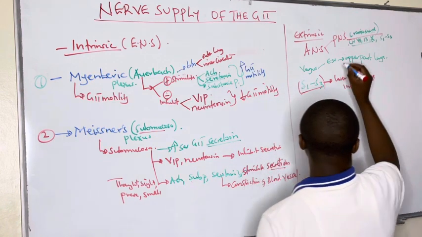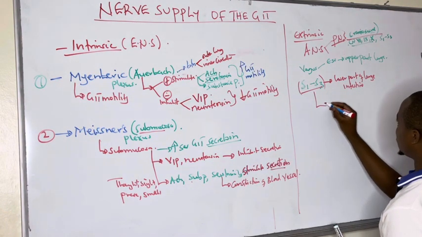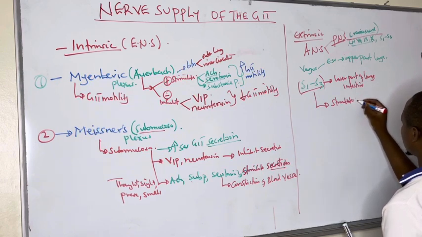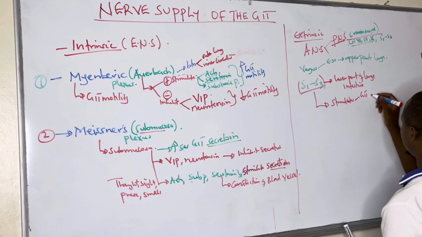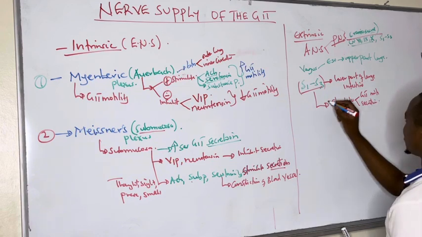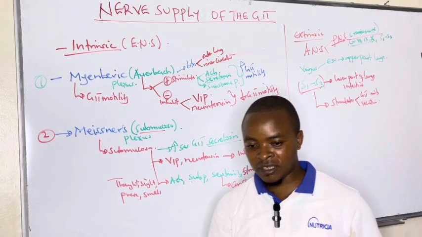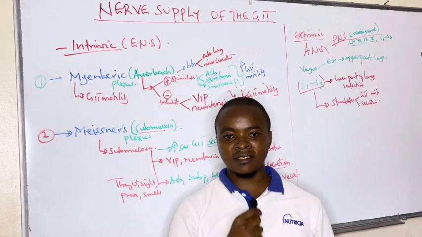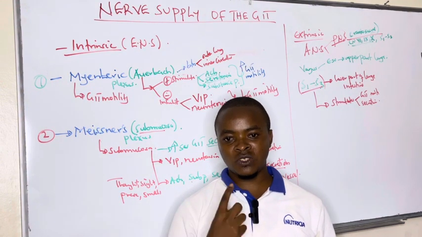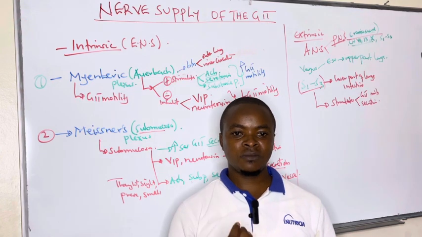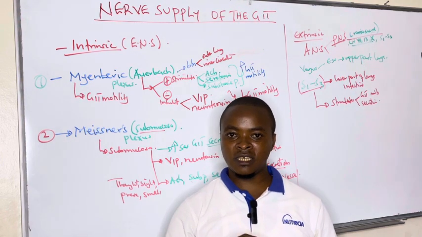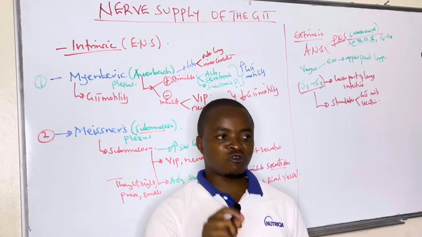So the parasympathetic supply's major role is to stimulate GIT motility and secretion. Impulses via the parasympathetic nervous system, that is cranial nerve 7, facial nerve, cranial nerve 9, glossopharyngeal, cranial nerve 10, vagus, and sacral nerves S1 up to S3, transmit impulses responsible for enhancing GIT motility and secretion.